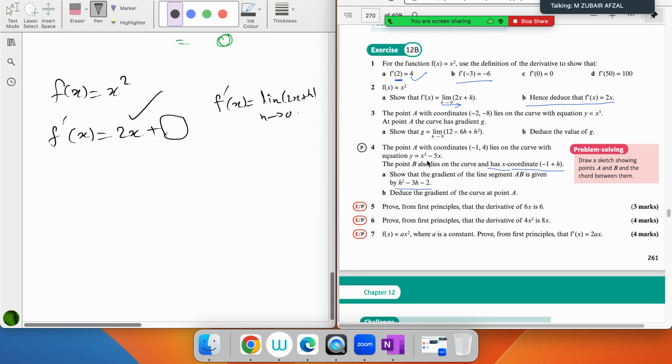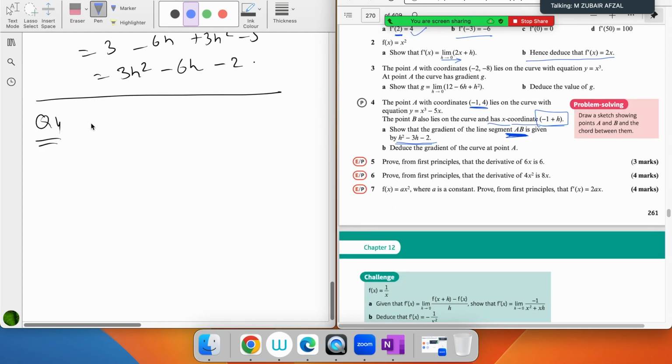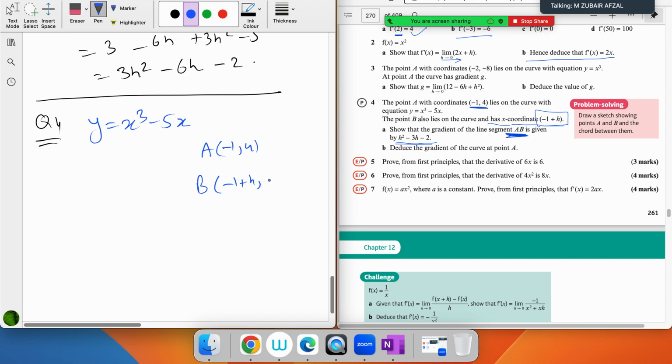So it is x cube minus 5x. It says that y is equal to x cube minus 5x, one thing. The other thing is A is -1 comma 4, the x coordinate of B is -1 plus h, and the y coordinate is basically unknown.